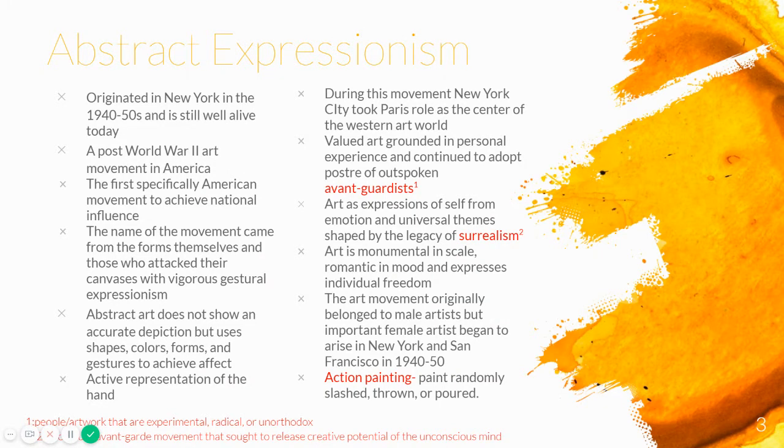So paint that is not just brushed on with your very traditional paintbrush or palette knife anymore, but artists during the abstract expressionism movement were looking for other ways to lay paint on the canvas.